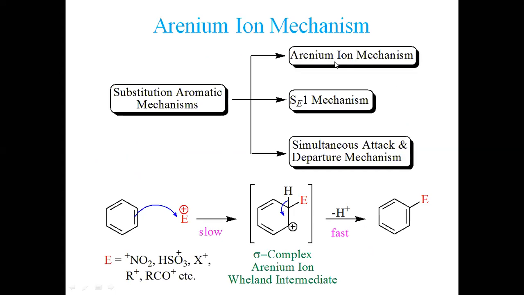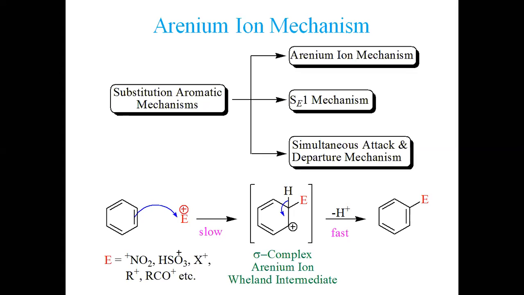One is called the arenium ion mechanism. The other is called the SE1 mechanism. SE1 stands for substitution electrophilic, and one stands for kinetics, meaning it is a first order mechanism. The third one is called the simultaneous attack and departure mechanism. So these are the three mechanisms that you shall come across in aromatic substitution reactions.